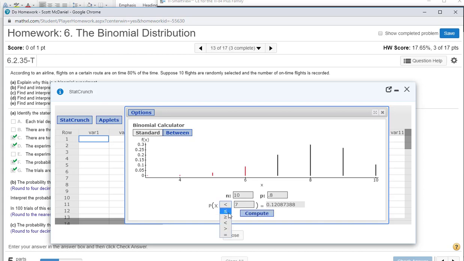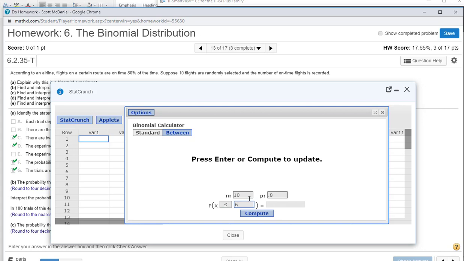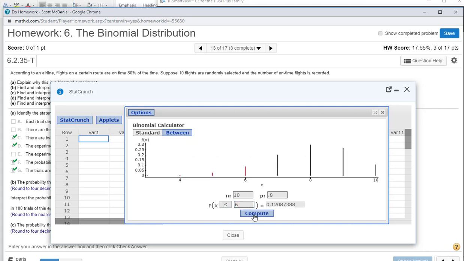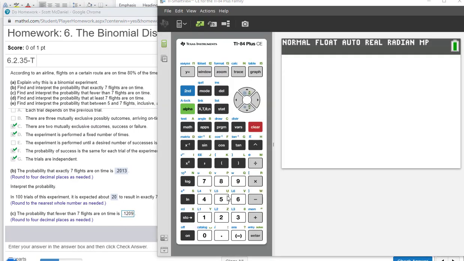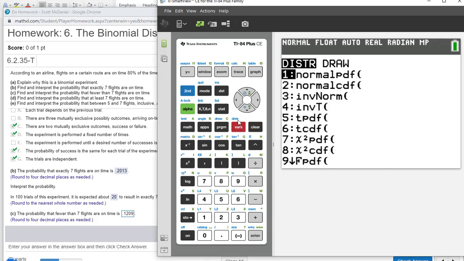So let me say less than or equal to 6 for the sake of this argument, because we're getting ready to use the calculator. 0.1209, I'll put that in. Now let's use the calculator. I'm going to go to second distribution. I could evaluate a bunch of binompdfs, but I don't want to do that.